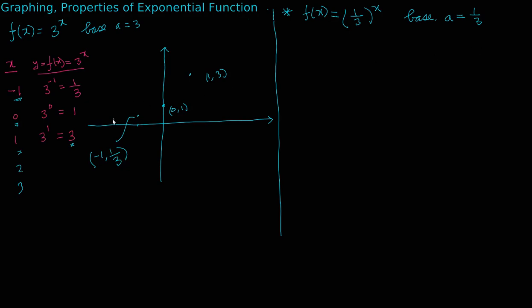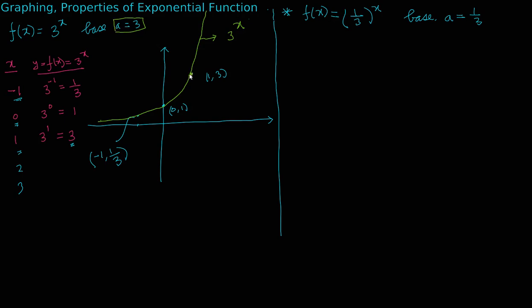If I connect these points, you are going to see that I get this type of graph, which is exponentially increasing. This is my plot of the function f(x) = 3^x with base a equals 3.